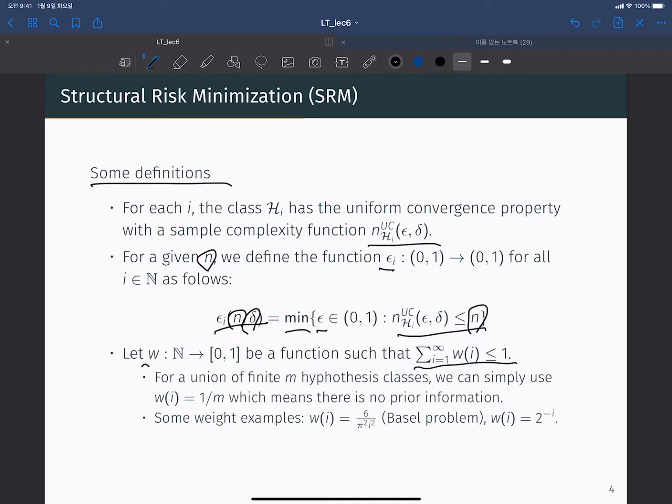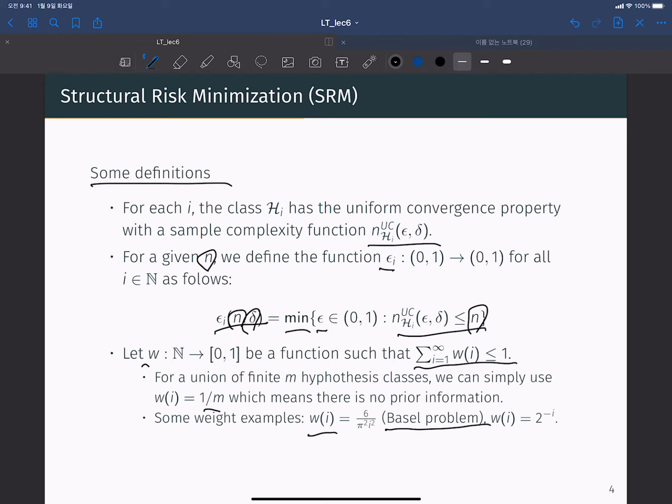So for a union of finite M hypothesis classes, we can simply use 1 over M, which means there is no prior information over hypothesis classes. But there are many other very useful weight functions, like w_i equal to 6 over pi squared i squared.